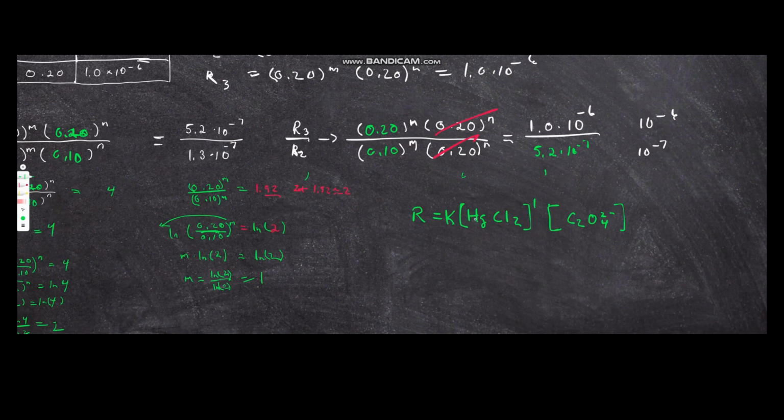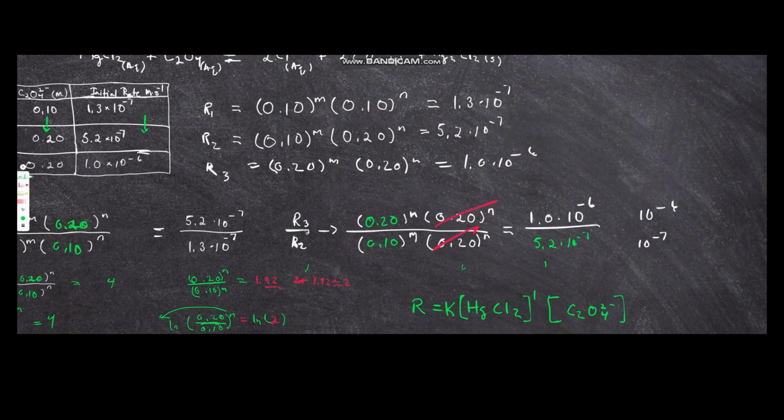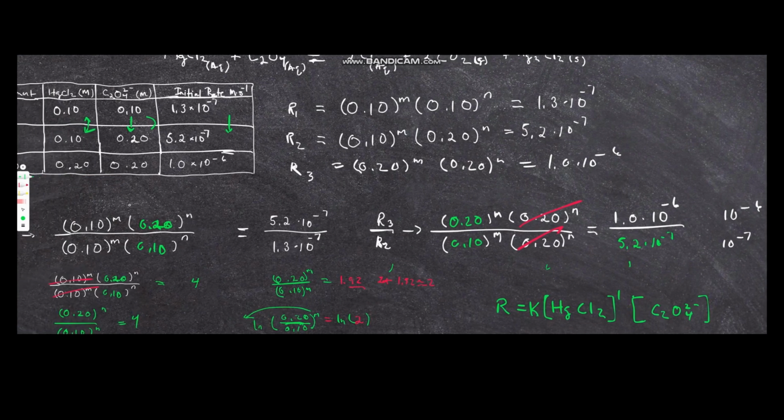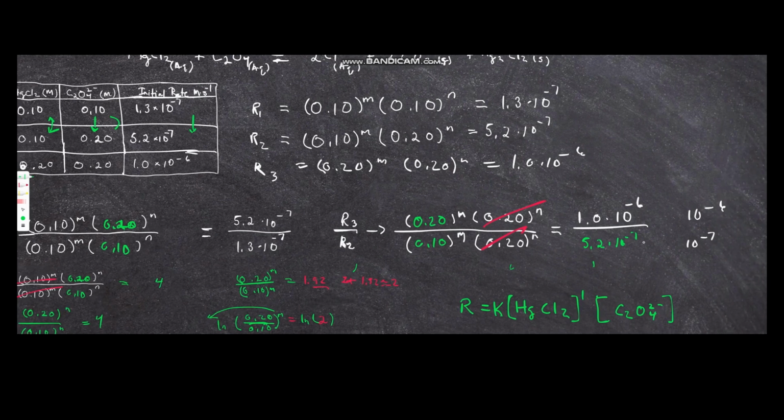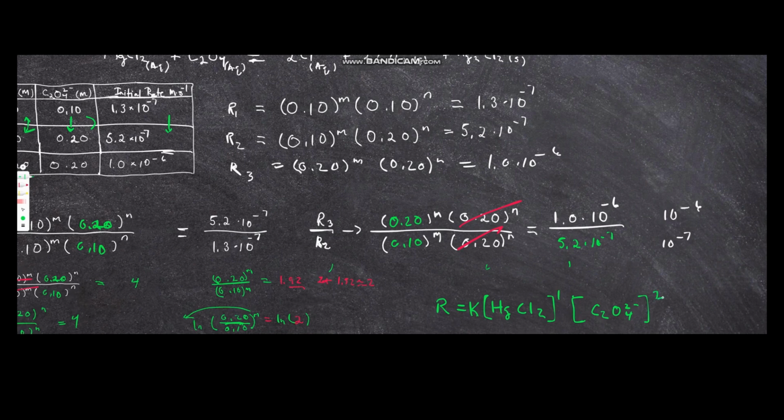And then for n we got 2, and that's going to correspond to the change of oxalate that we got over here. So the change for that one was experiment 102 for n, which we actually did first, and then the second experiment was modeling this change. So we're going to go over here and we're going to put it down. And we're going to calculate k. That's the last step here.